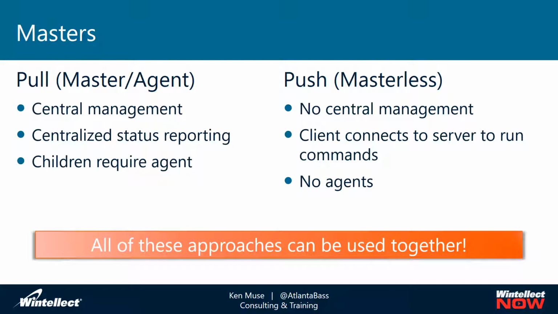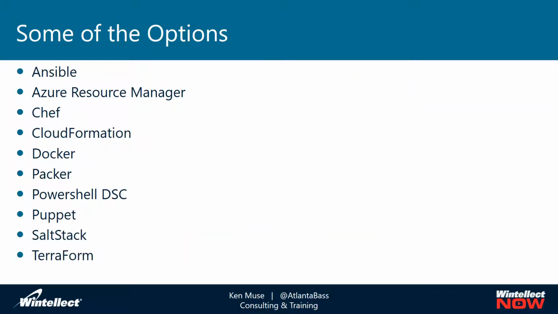Now, we have a lot of options for these different infrastructure as code approaches. Some of those include Ansible, Azure Resource Manager, Chef, CloudFormation, Docker and Packer, PowerShell DSC, Puppet, SaltStack, Terraform.